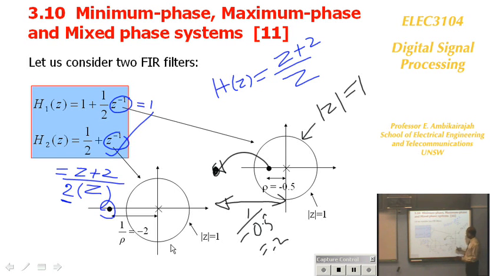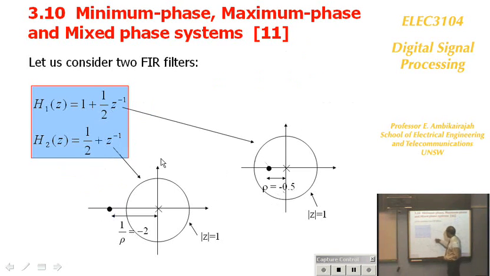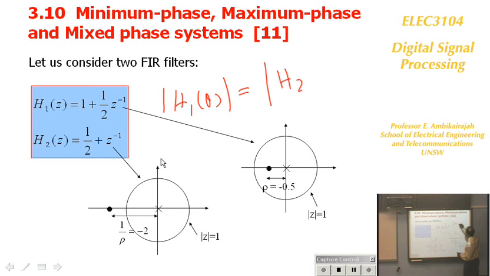But having said all of those, if you now go and do the transfer function for this, get the magnitude response, h1 theta, which you know how to do, and then find mod h2 theta, you can show these two have the same magnitude response.